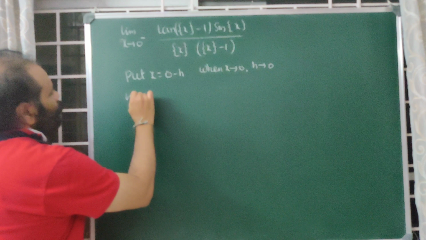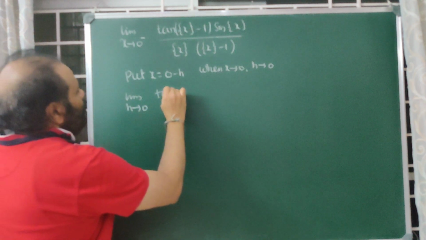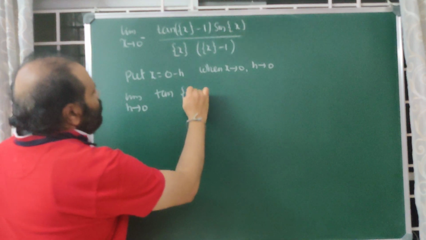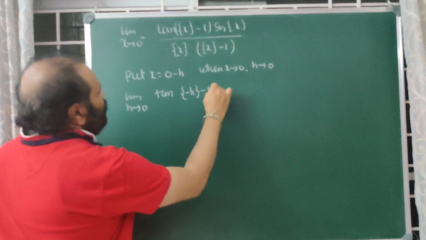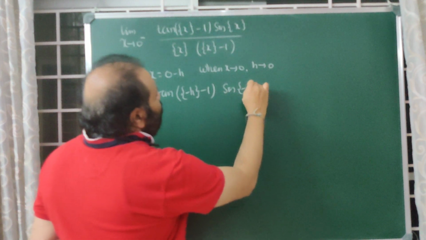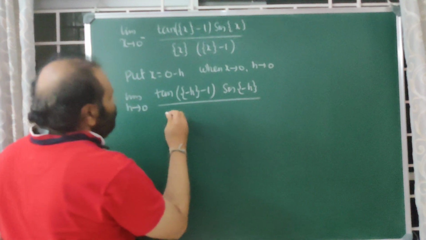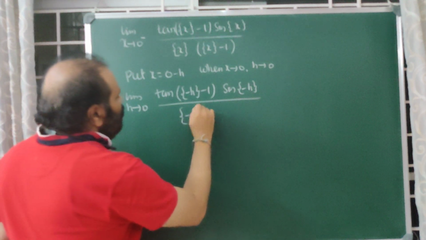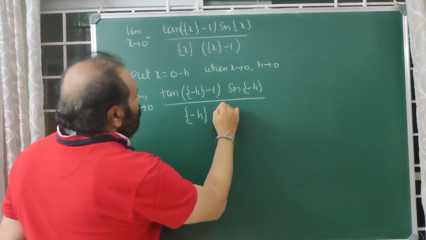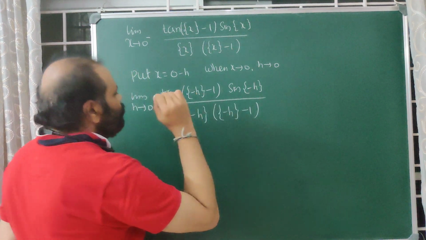From this it is going to be limit h tending to 0 of tan of (fractional part of minus h minus 1) into sin of fractional part of minus h, divided by fractional part of minus h into (fractional part of minus h minus 1).